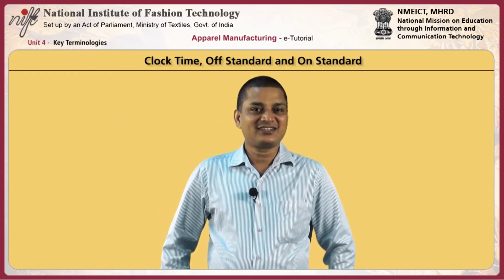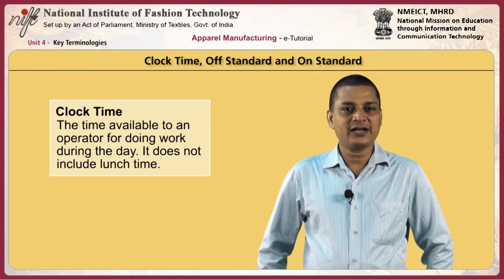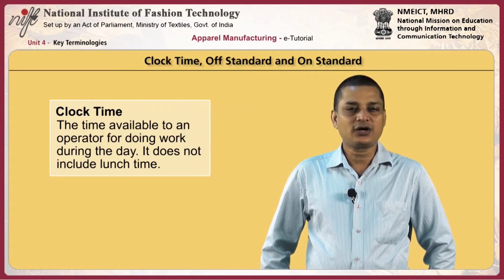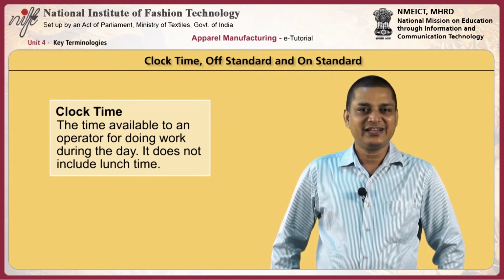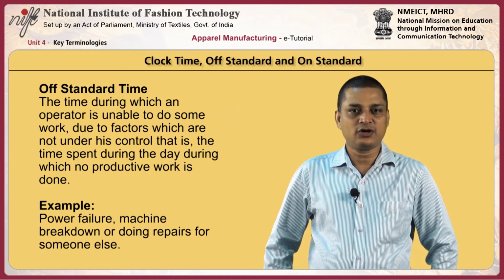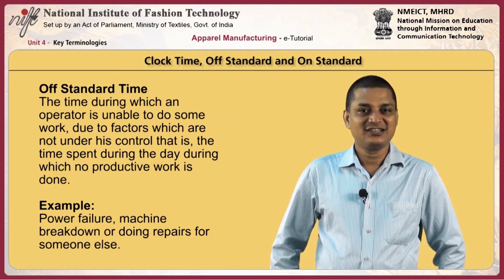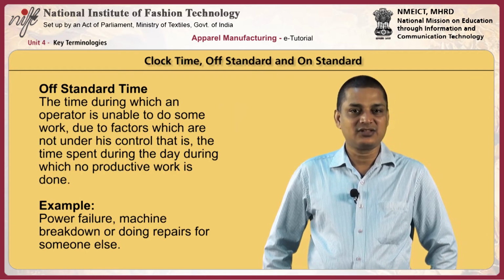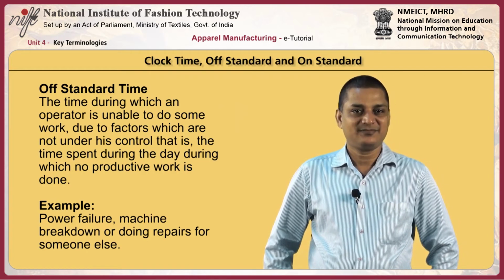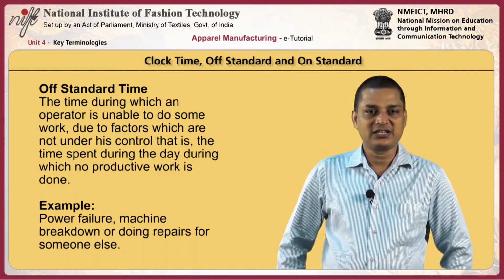Let us now look at some more definitions. Clock time is the time available to an operator to do work during the day; it does not include lunch time. Delay time is the duration in which an operator is unable to do work due to factors not under his control, that is, time spent during the day in which no productive work is done.